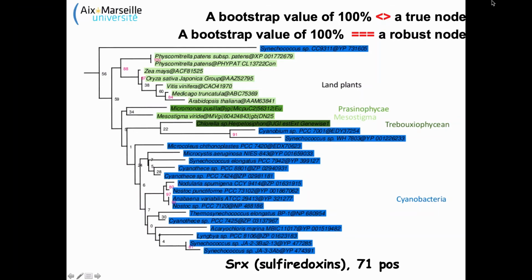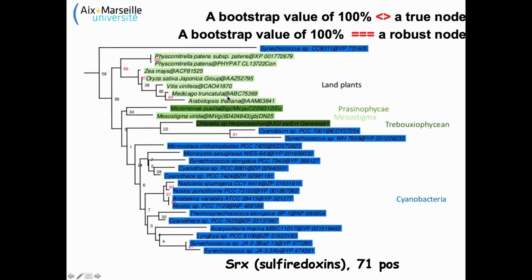So this is a tree with bootstrap values. As I told you, if I have more than 50%, it's consistent, like here, 88. And if I have less than 50%, like 22 here, it means it's less consistent. It means I cannot believe the group made by these branches, but I can believe the group made by this node in green.